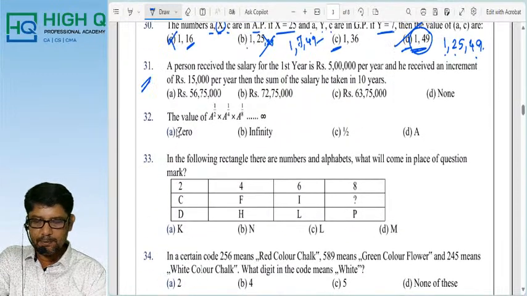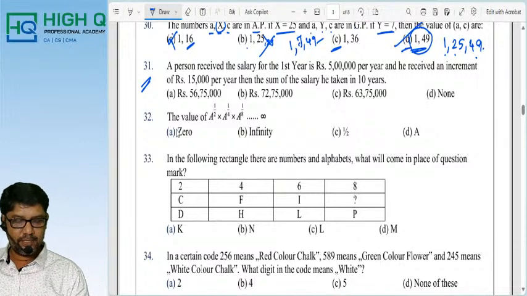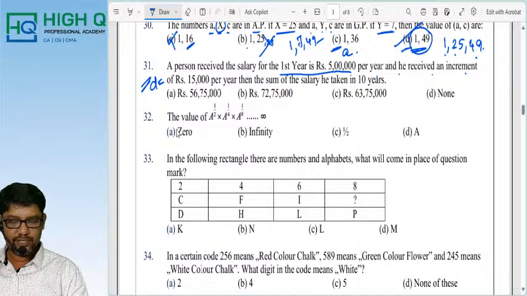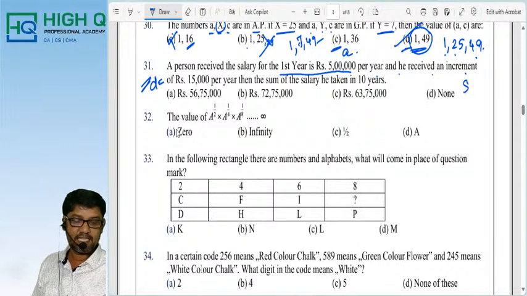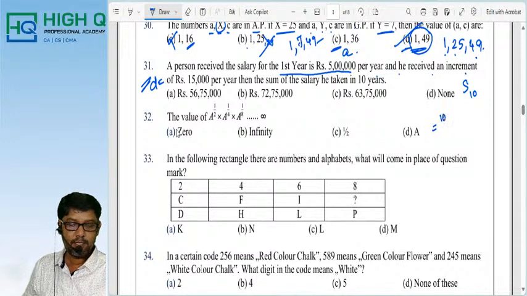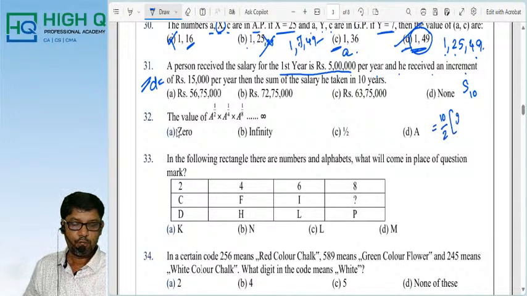Okay, sum number 31. A person received a salary for the first year of 5 lakhs per year and received an increment of 15,000. See, A is equal to 5 lakh, D is equal to 15,000. Then find S10. All of you please find S10. What is the formula for S10? 10 by 2, 2A plus (n minus 1) into D. What is A?